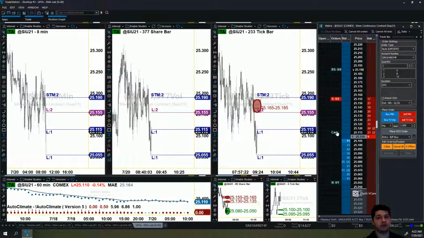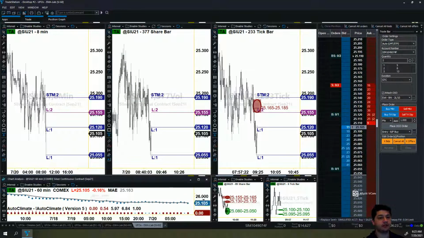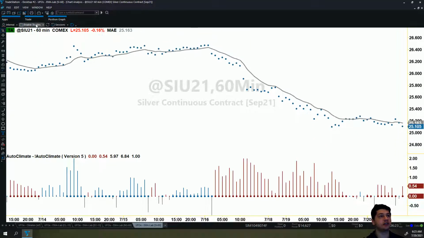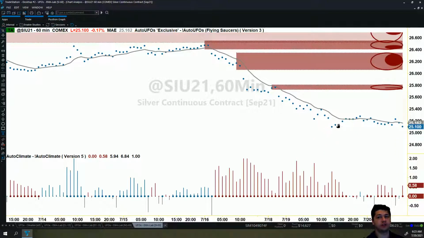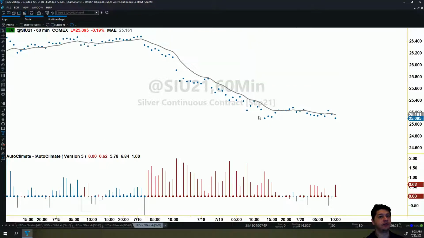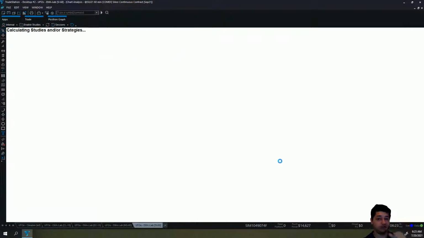T1 at 115. Actually, it's 120. Yep. And let's take a look and see if we have a final target to look at. Over here, looking at AutoUFOs, nothing down below. Just for kicks, let's see if we load up a little bit more data, if it's going to be any better.